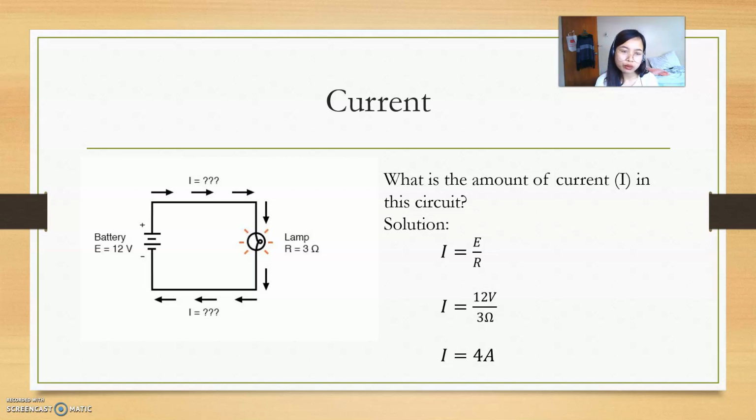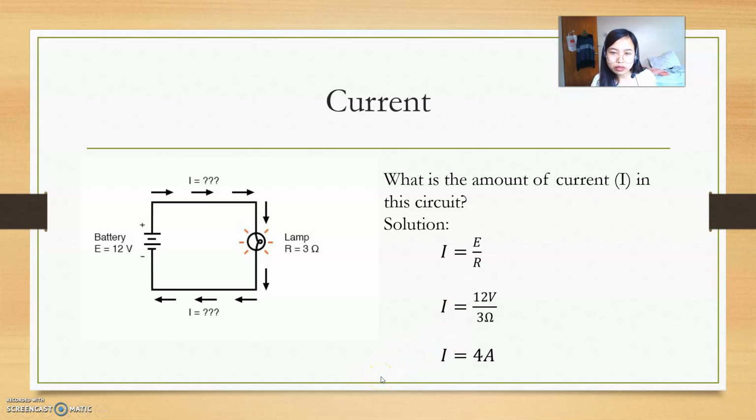Current is equal to, as you can see, the voltage there is 12 volts, so 12 over the resistance, which is 3 ohms. All you need to do is divide the volts and the resistance. So we will come up with current equal to 4 amperes. It's very easy. You just need to divide the voltage and the resistance.